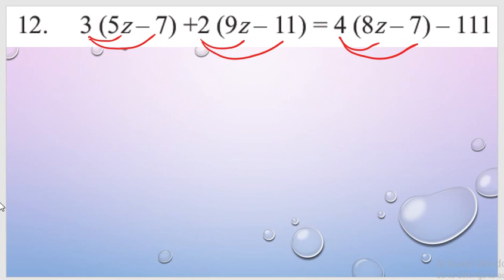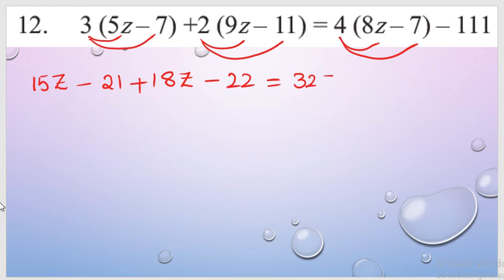So 3 into 5z is nothing but 15z minus, so 3 into 7 is nothing but 21 plus 2 into 9, it is nothing but 18z minus 2 into 11 is nothing but 22 is equal to, with 4 if you multiply 8z it becomes 32z minus 4 7s are 28 minus 111.